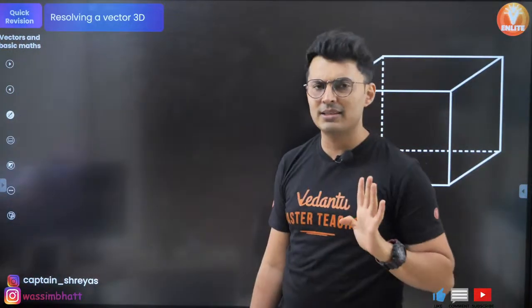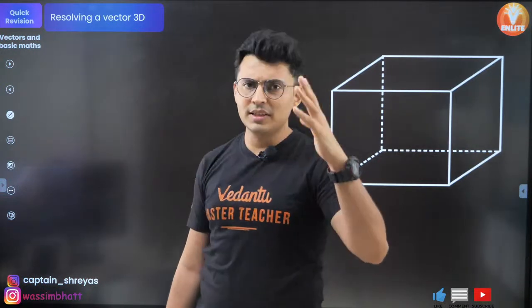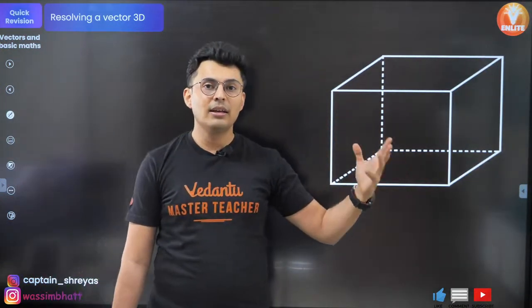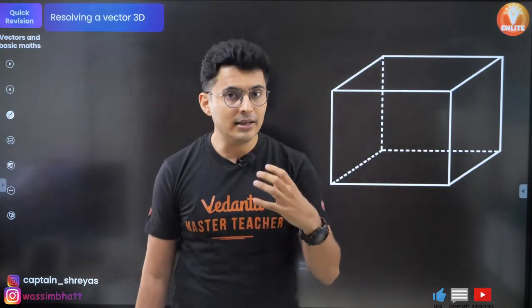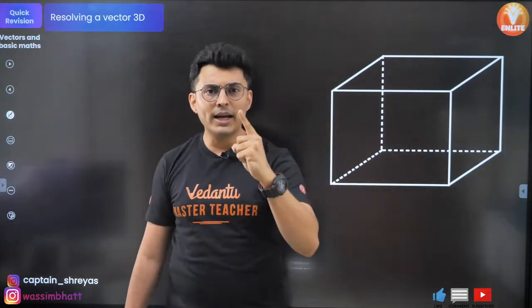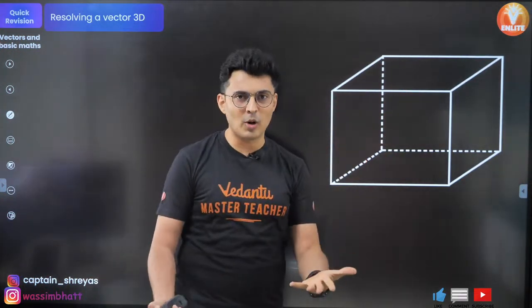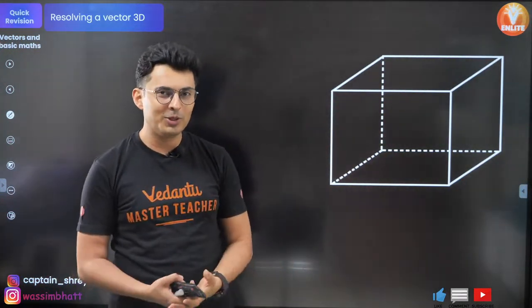See guys, I'll tell you one simple thing. Whenever you have 3D, I always tell my students, try to imagine it as if it's a room, and inside that room, the vector is one of the diagonals. So this is like a room in which probably you are sitting. Hopefully your room is cuboid.